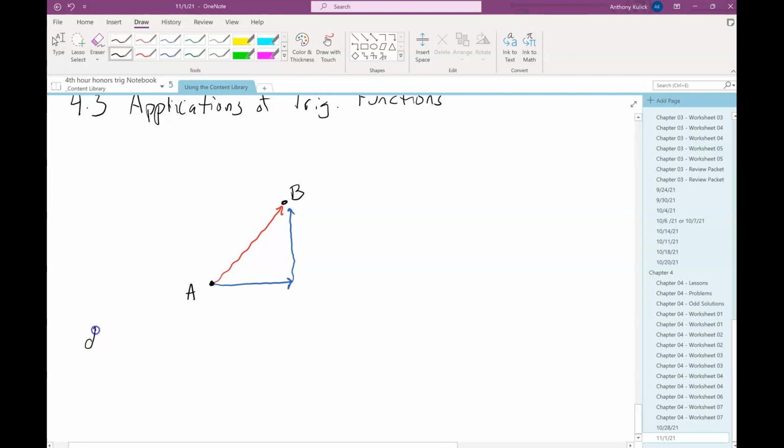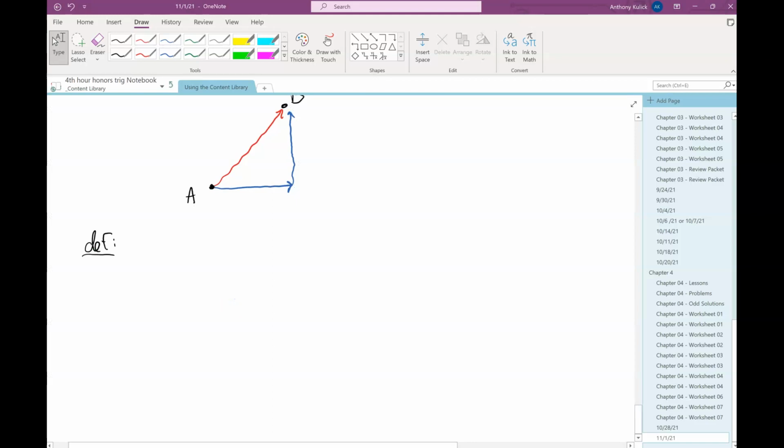Now here's the crummy part. These people that are navigators have their own separate way of describing an angle. So let's start by defining what that is. They use the term course or bearing.